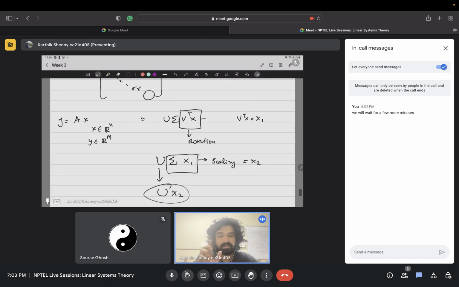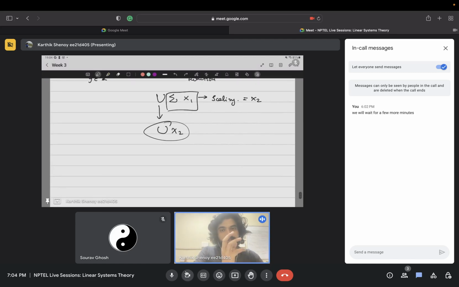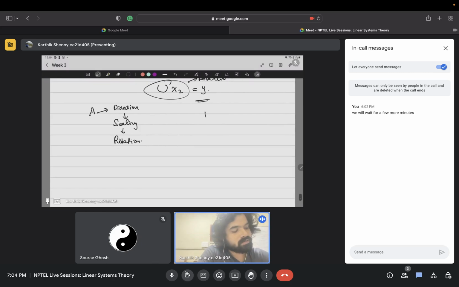If the matrix is square, then the rotations are in the same dimension. So this is equal to y. A matrix operating on a vector can be viewed as rotation, scaling, and then again rotation. That is the general picture. So basically, if you take a vector in R2, first it rotates in R2, let's say n equal to 2 and m equal to 3.